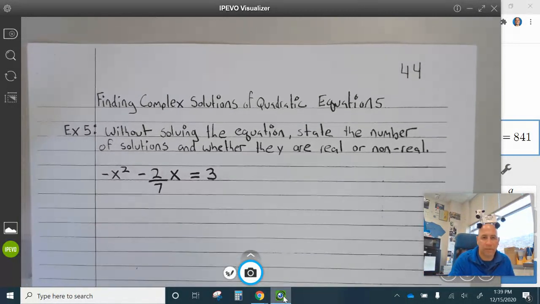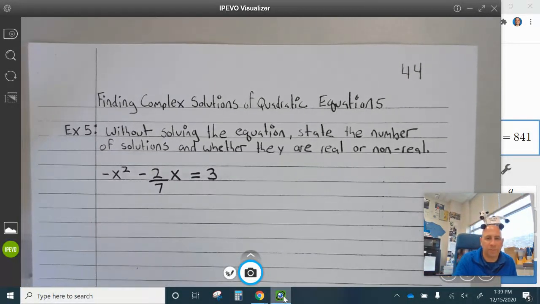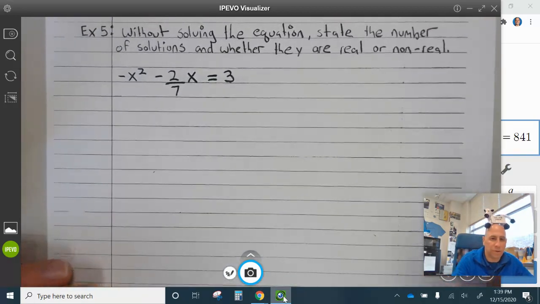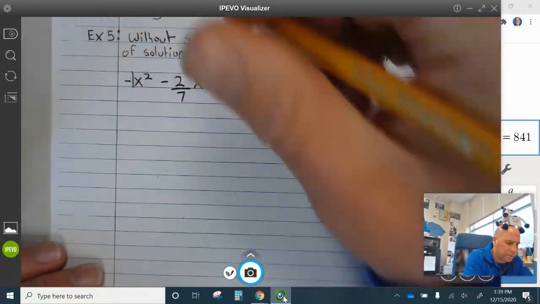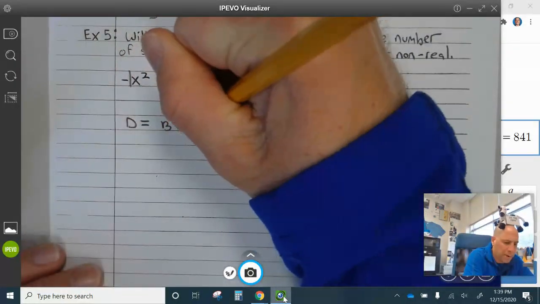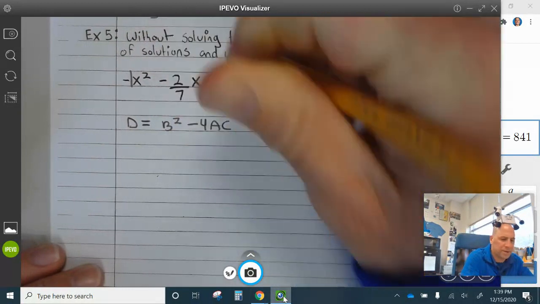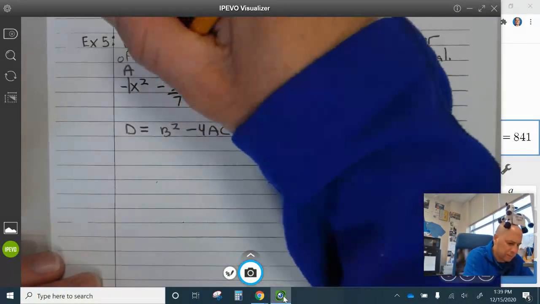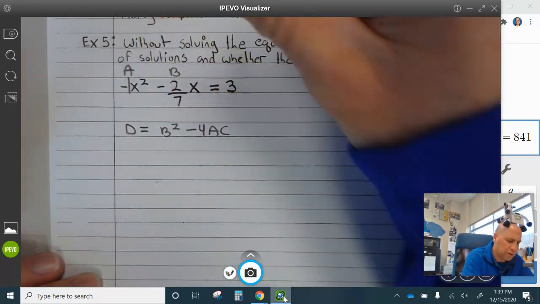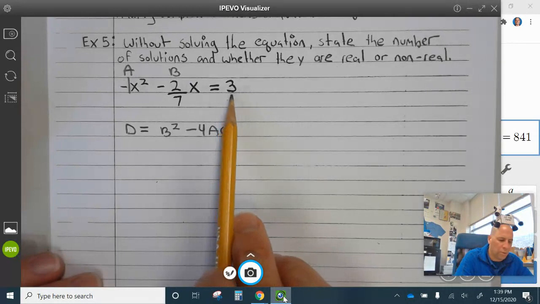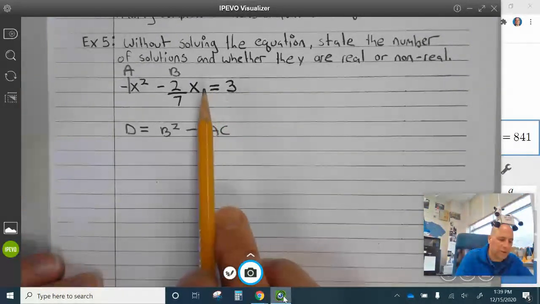All right, example 5. Without solving the equation, state the number of solutions and whether they are real or non-real. Okay, so put a 1 here. We know the discriminant is b squared minus 4 times ac, where this is a, this is b. Oh, now wait a second. We need to stop. You need to move everything to one side first.